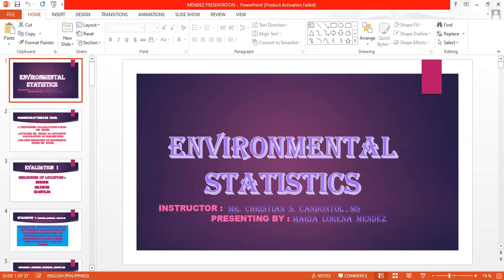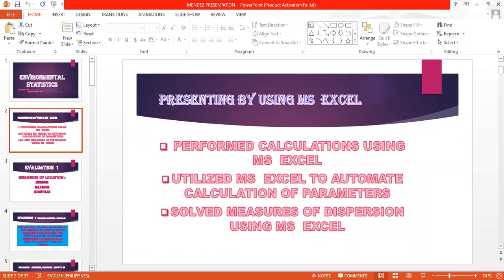Today, I am going to present data and analysis with performing calculations using MS Excel. We are having three evaluations. Our first evaluation is about how to measure location in terms of minimum, maximum, and quantiles, by performing calculations using MS Excel.